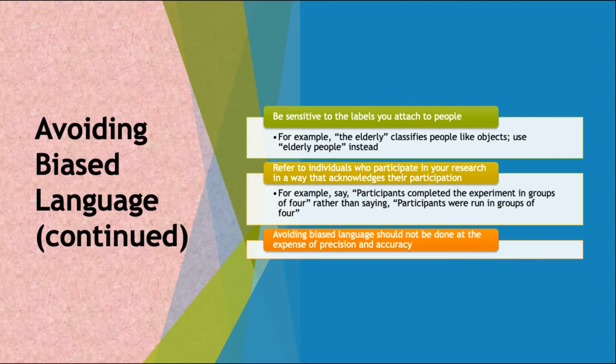Now, keep in mind, however, that avoiding biased language should not come at the expense of precision and accuracy. An attempt to avoid offending anybody may obscure important information. The APA urges that you use good judgment rather than a set of rigid rules concerning what is acceptable writing.